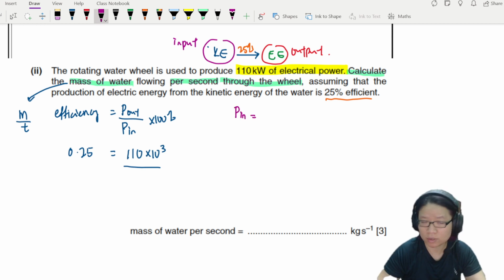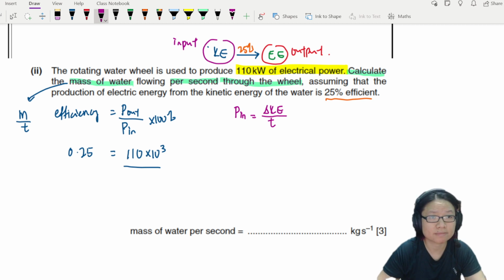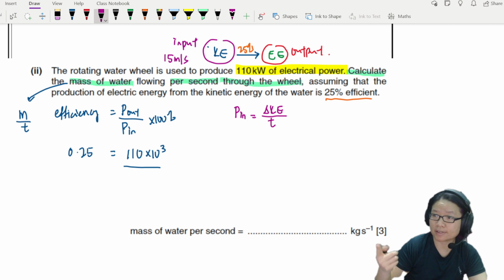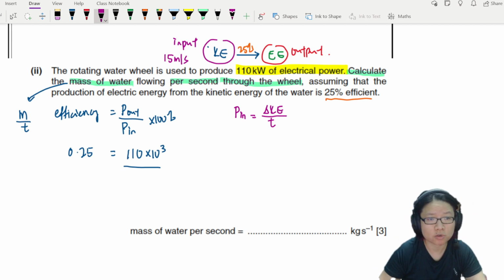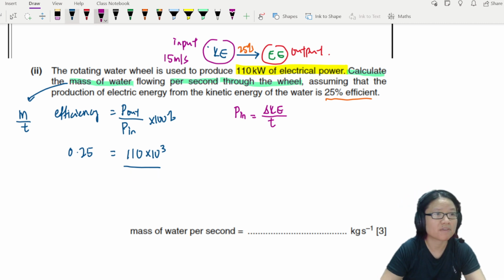So the input power is actually the change in kinetic energy divided by time. We're going to assume that the 15 meters per second water wheel rotation is all converted to zero. Eventually, the water wheel will stop rotating. So this one will be half mv squared divided by t. Or rather, maybe instead of substituting this way, I find the input power first.